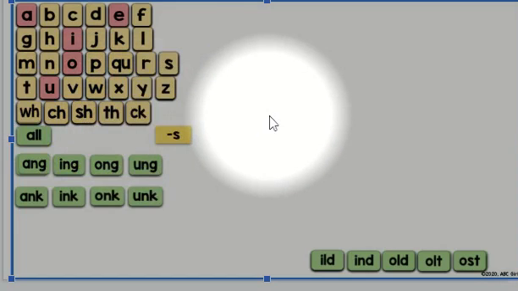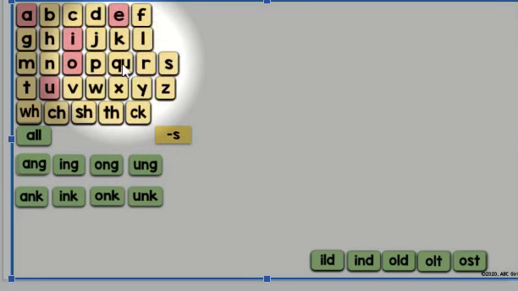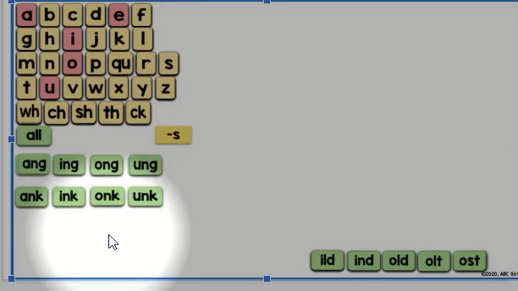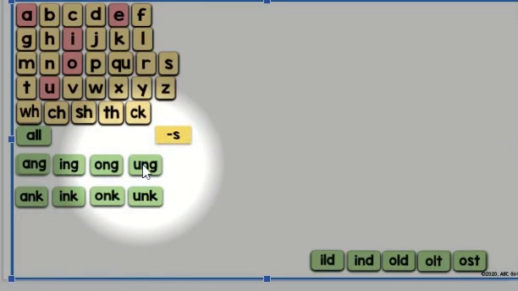What says qua? Repeat that sound. Qua. Q-U. Qua. That's our buddy letter. What says ung? Repeat and point to U-N-G. What says p?